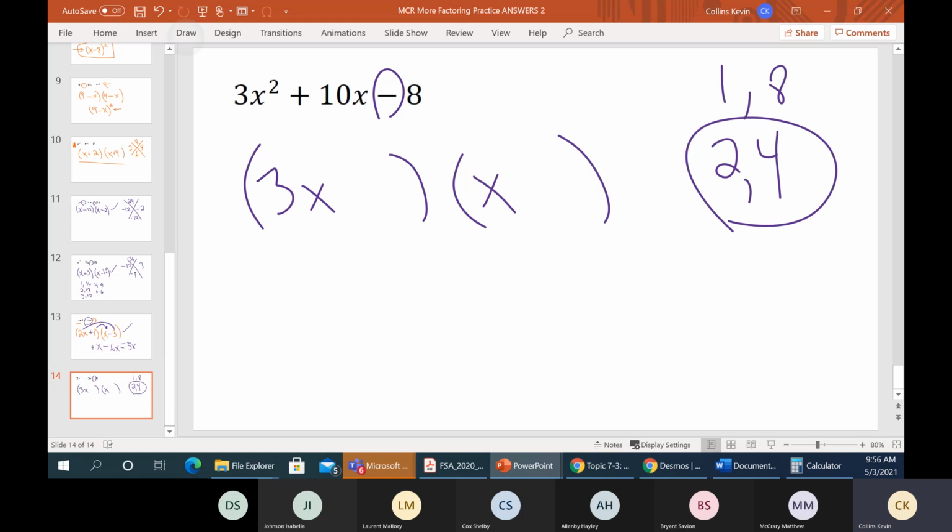So what do you think? What should we put in for the first one, the 2 or the 4? We'll try the 2 first? Okay. And I'll put the 4 over here. All right. Now, which one should be positive? The 2 or the 4?